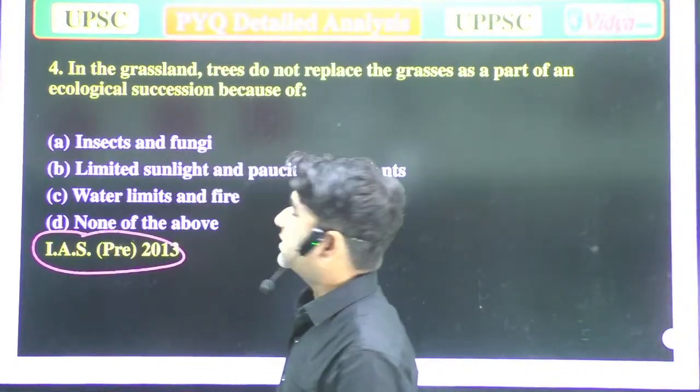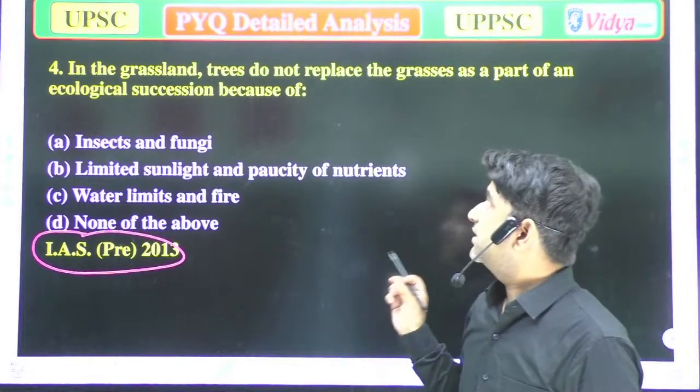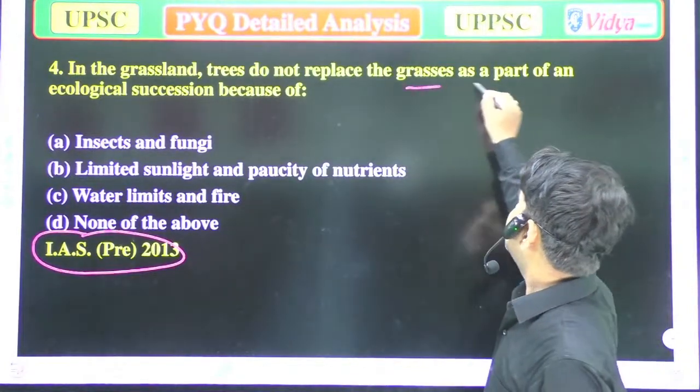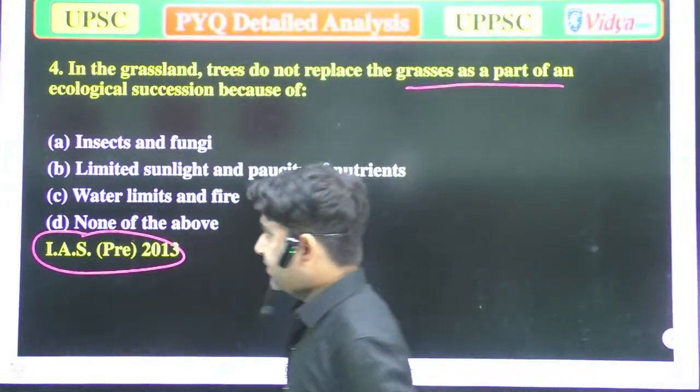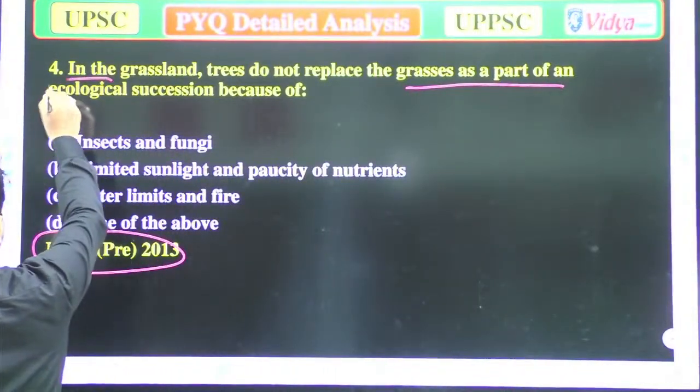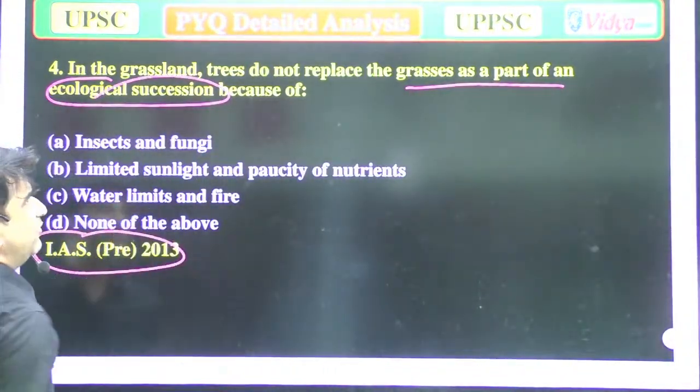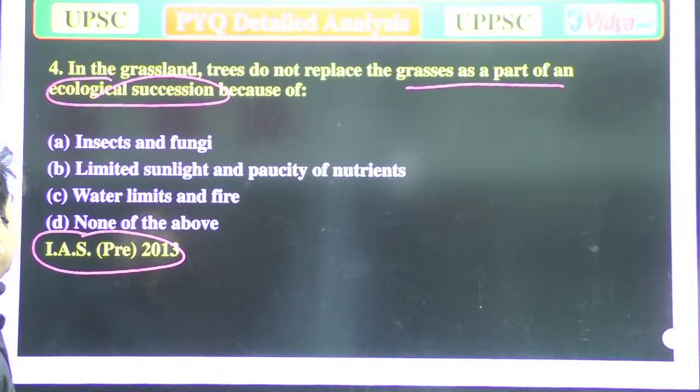First, what is ecological succession? The options are A, insects and fungi; B, limited sunlight and paucity of nutrients; C, water limits and fire; and D, none of the above.